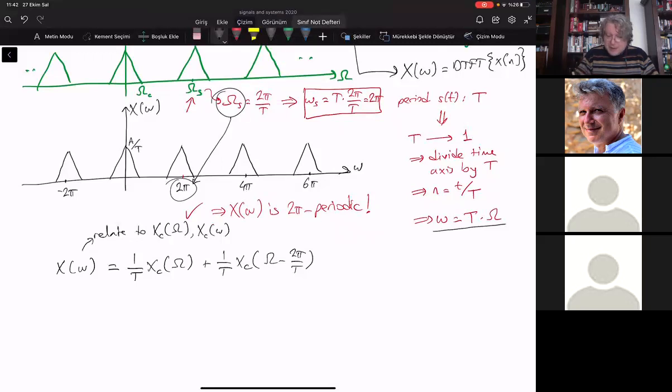So you may find it erroneous or inappropriate, because the left-hand side of the equation is in terms of lowercase omega. The right-hand side of the equation is showing everything in terms of uppercase omega, but I will correct everything to lowercase omega later on.